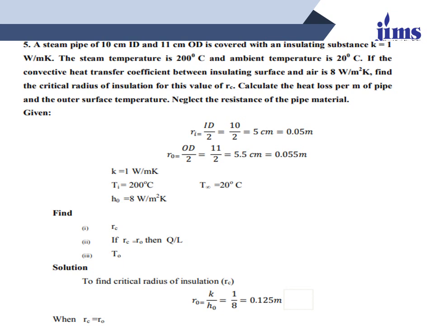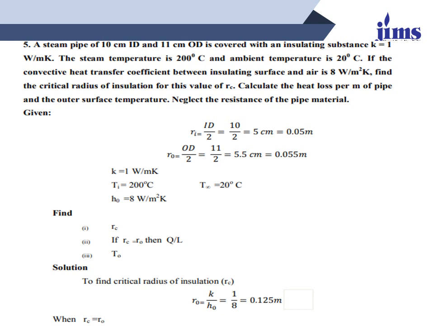The outer radius, that is R naught, is equal to OD divided by 2 is equal to 11 by 2, 5.5 centimeter or 0.055 meter. K is equal to 1 watt per meter Kelvin. Ti is equal to 200 degrees centigrade and T infinity, that is surrounding ambient temperature, is 20 degrees centigrade. The heat transfer coefficient, that is H naught, is equal to 8 watt per meter square Kelvin.